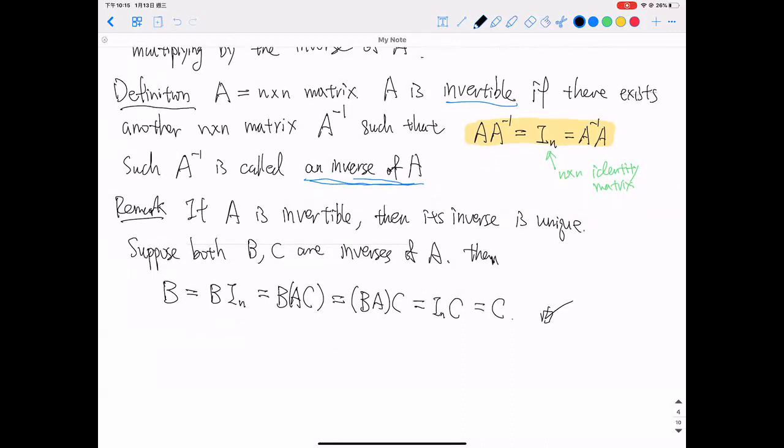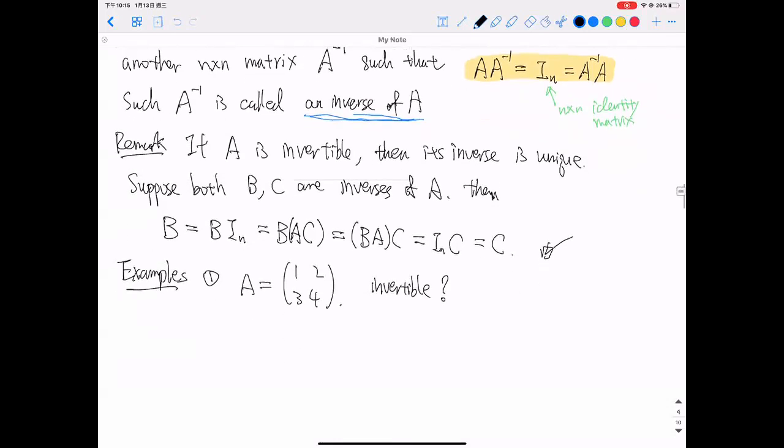Now let's think about some examples. Say my matrix A is 1, 2, 3, 4, and I'm interested in whether it is invertible or not. How am I supposed to approach this problem?